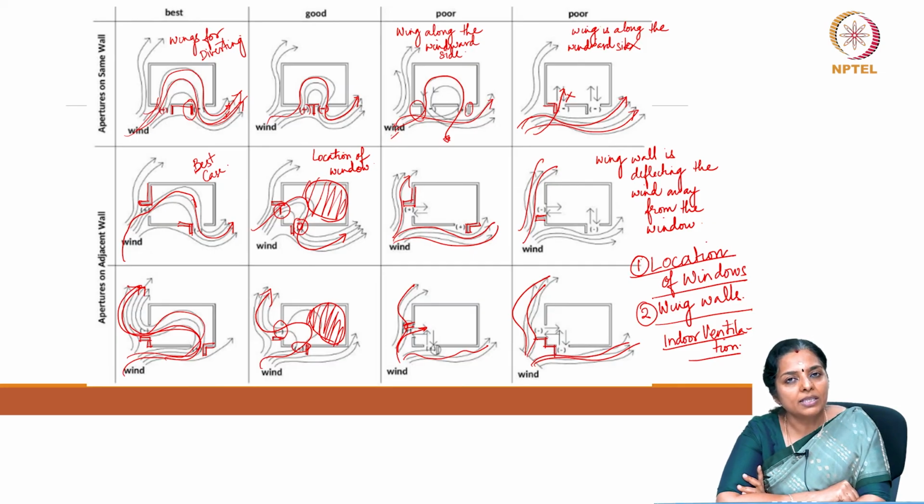We will stop this class today and we will continue to learn about the significance of openings in passive design, as passive design is an important criterion for reduction in operational energy.